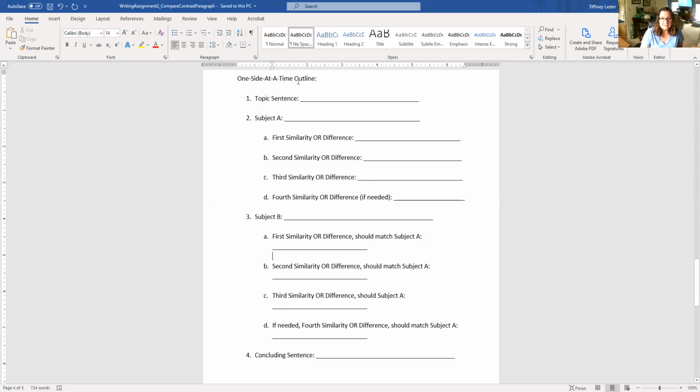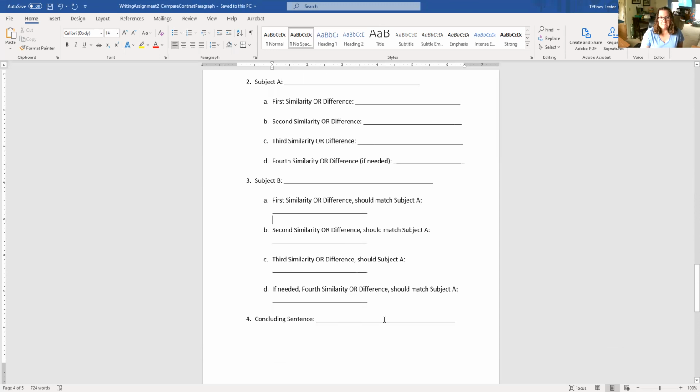If you're doing one side at a time and you're talking about everything with online classes up here, or whatever your first topic is, you have to make sure that when you get down to subject B, you talk about everything in the same order. That's why this outline is so helpful. And then what is your concluding sentence going to be? What's the last idea or the last thing you want to end with?